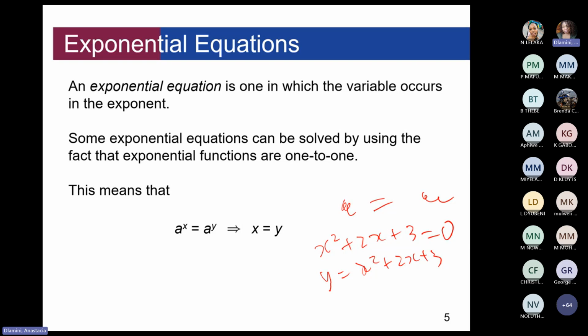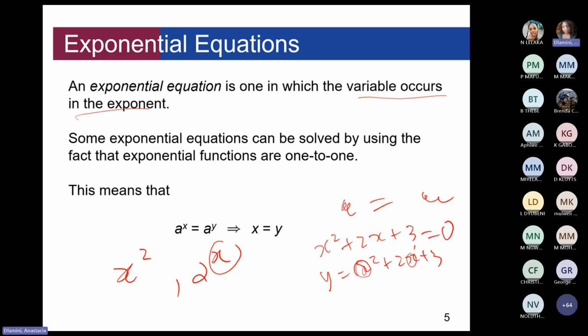Now, you notice that here the variables were always the bases with powers. Now we don't have x squared, but instead we have maybe 2 to the power of x, where x is the power now.